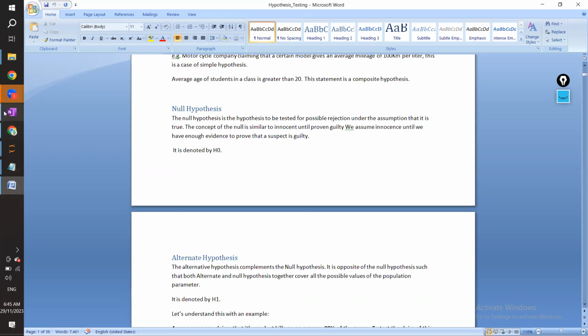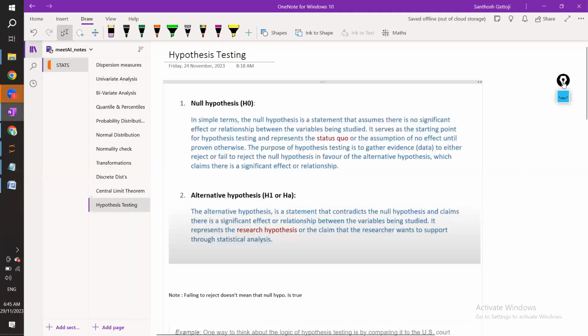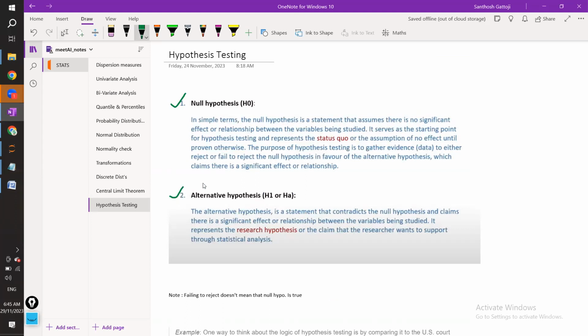See guys, in hypothesis testing, mainly you have two things. One is the null hypothesis, the other is the alternate hypothesis. These are extremely important. The idea is a bit different, so let's try to focus here.